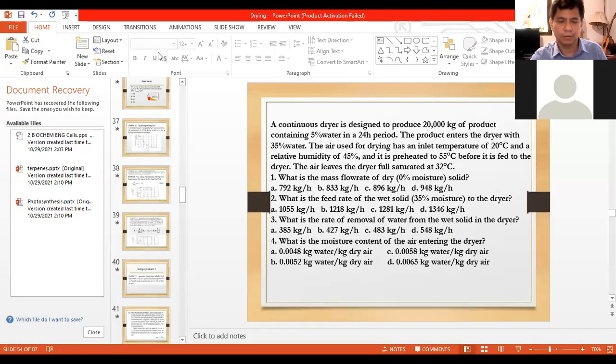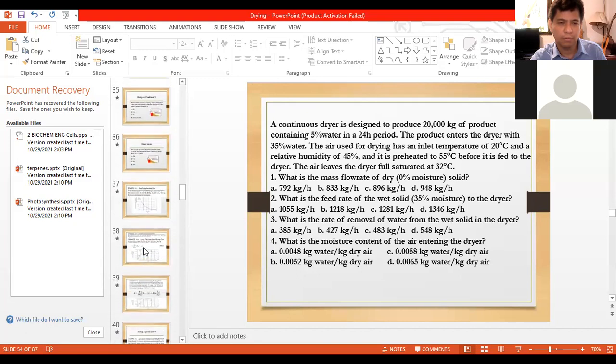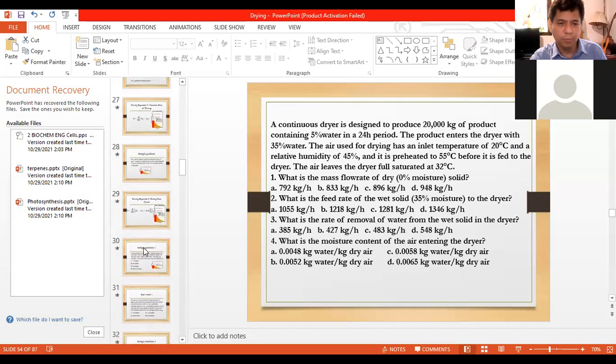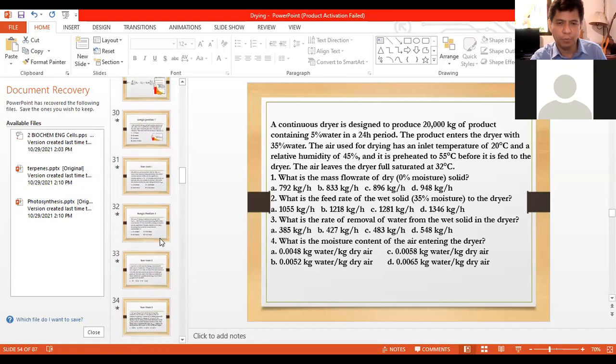Let me share the PowerPoint. So reviewhin muna natin yung mga concepts, yung mga formula before we proceed to the problem.